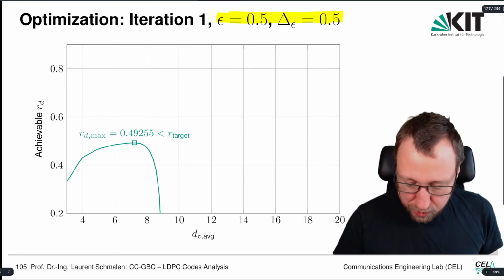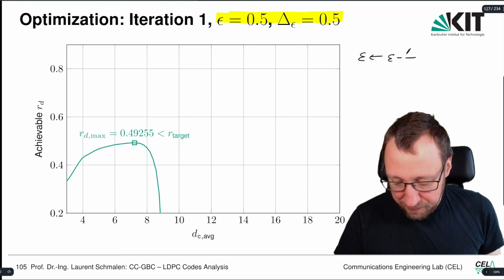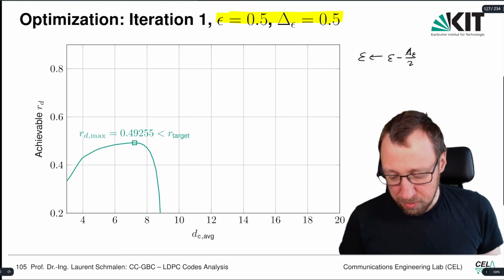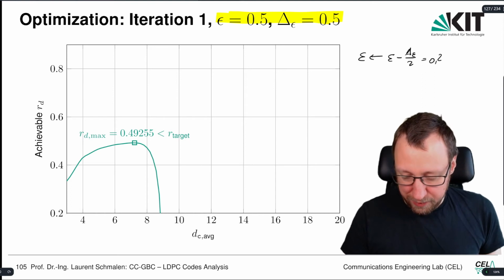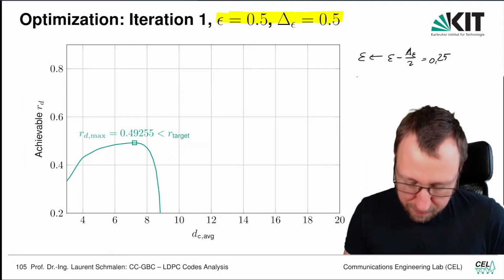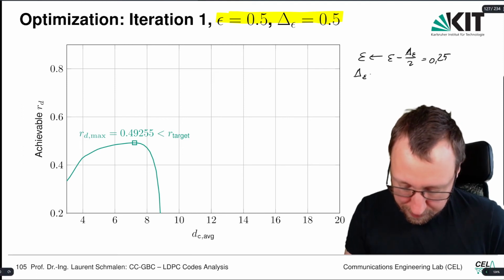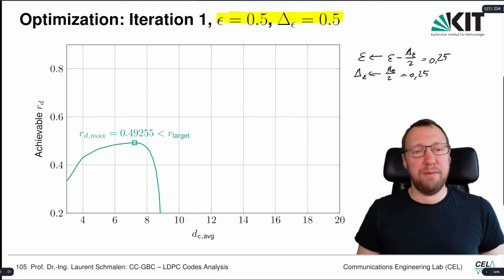So we set epsilon to epsilon minus delta epsilon divided by 2, which is 0.25. And delta epsilon becomes delta epsilon divided by 2, which is also 0.25.